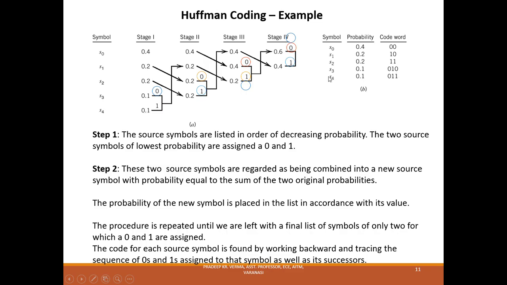And there is one more property, that is the least two probable symbols will have the same number of bits, and they will only differ at the last bit. So these are the two properties that we get in Huffman coding.